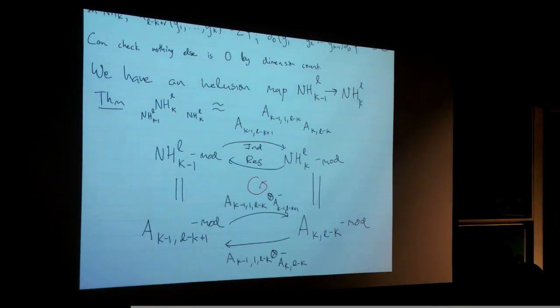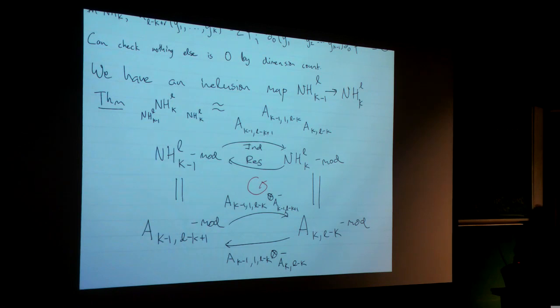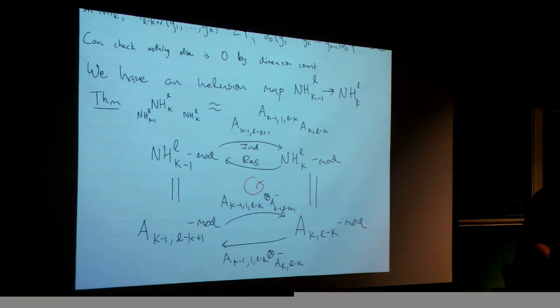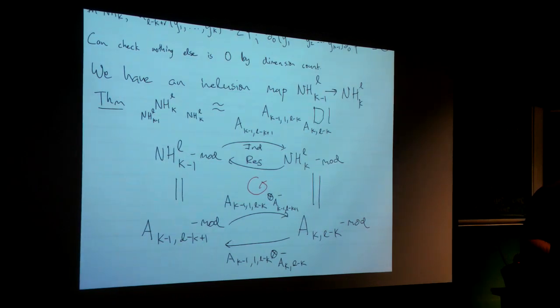All right, but there's a slightly more natural way of cooking up this action when we think about things in terms of Nil-Hecke algebras. So I have an inclusion map of the Nil-Hecke algebra on k-1 strands into the Nil-Hecke algebra on k strands. This is literally, I have some picture and I add another strand to its right.